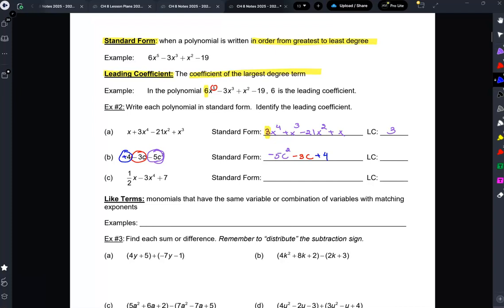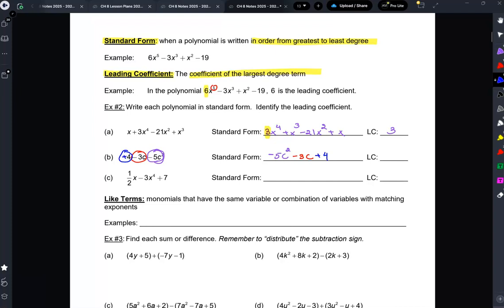Correct. So with the exponent, c to the 2, c to the 1, and then no exponent. Oh. Okay? So even if it's a negative, you just look at the exponent. Then wouldn't it also be 4 to the 1 as well? No, because if there is no variable, then it's c to the 0.